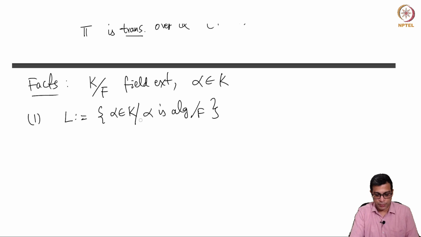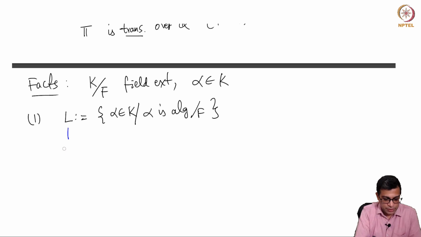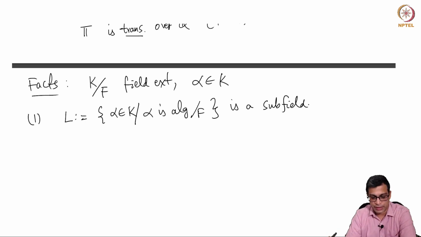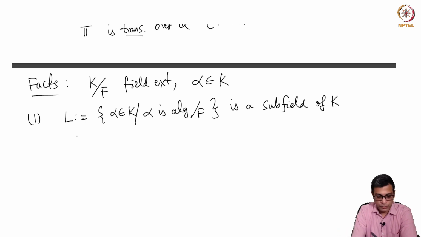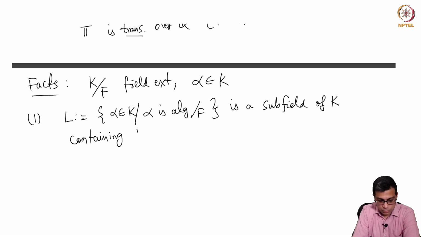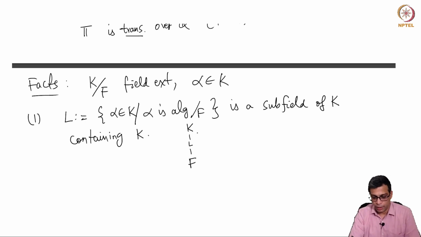So you take all such elements. Of course F is contained in this. The statement is that it is a subfield. This set is a field between F and K. So we always have, given a field extension, L in the middle.